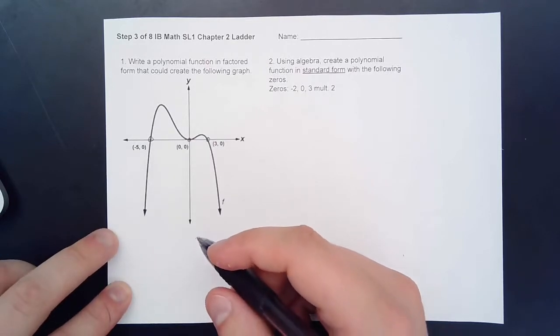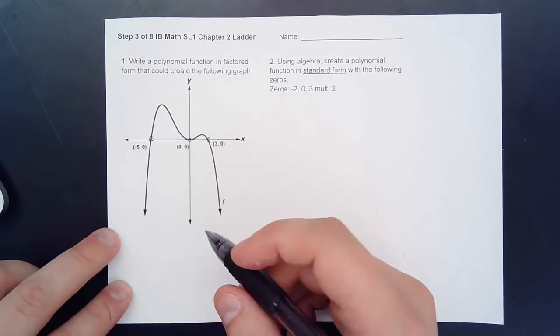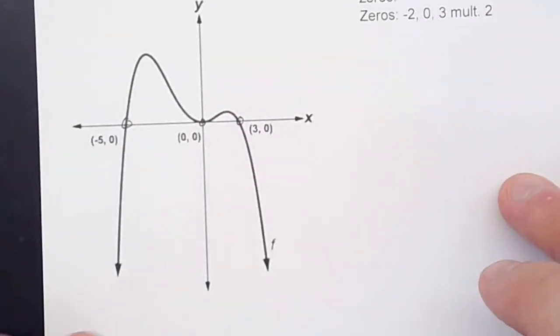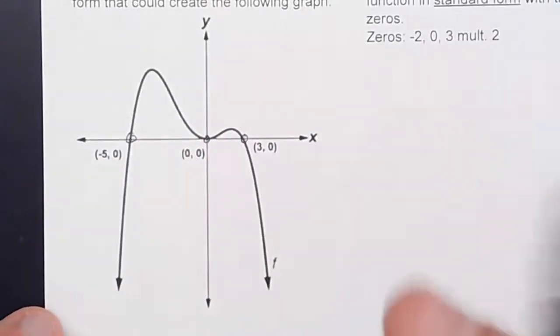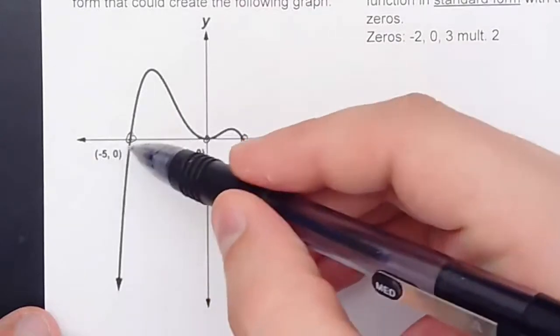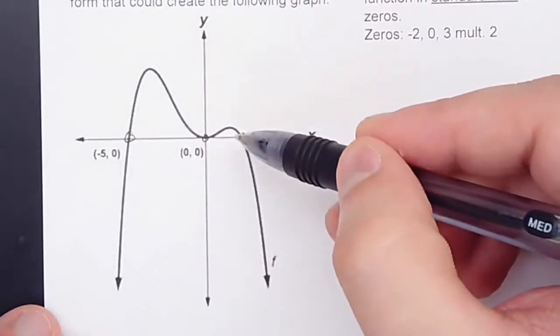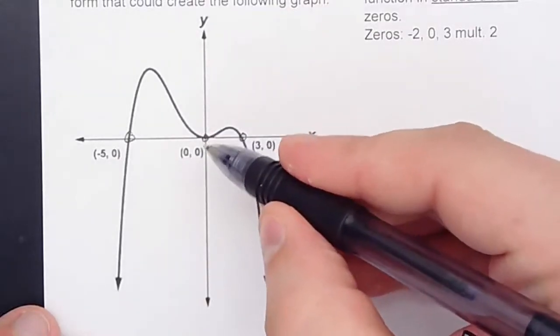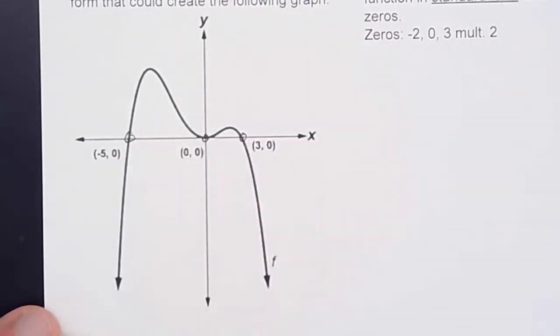And the next thing that I want to look at is these zeros, these x-intercepts. When I'm looking at these, there's something really interesting. Both negative 5 and 3 cross through the x-axis, but our zero at 0 does not. It touches.